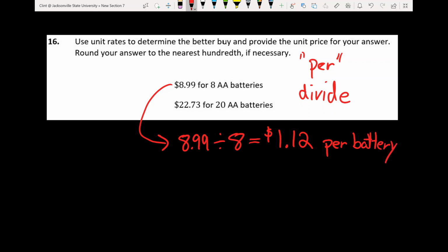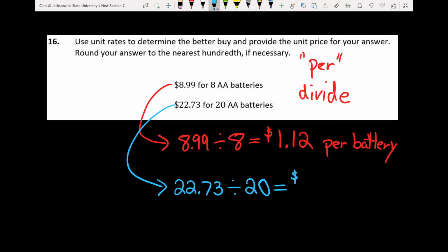Okay. So now we need to do the same thing for the other scenario here. We'll do it in blue. So we would do $22.73 divided by 20 batteries. If we punch that in our calculator, 22.73 divided by 20, again, we're going to get a decimal, but this time it's 1.1365.